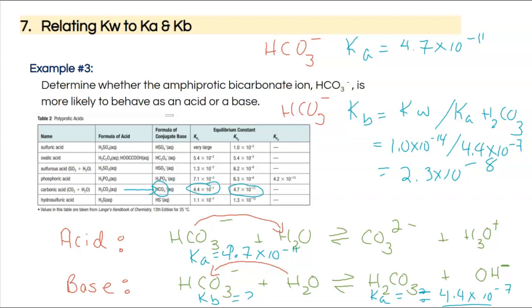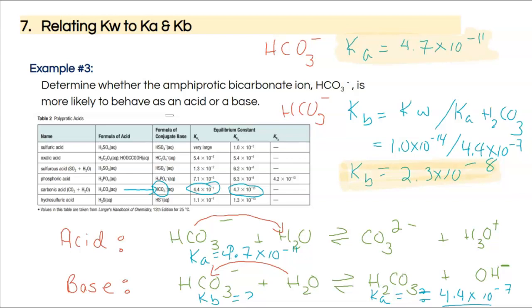And so now I'm ready to compare my Ka value and my Kb value. So I'm just going to get my highlighter going here. The Ka value for carbonic acid, sorry, not carbonic acid, bicarbonate, pardon me, is this guy. And the Kb value is this one, right?